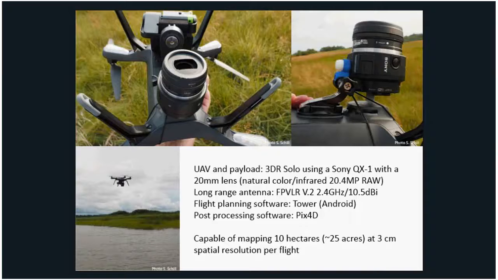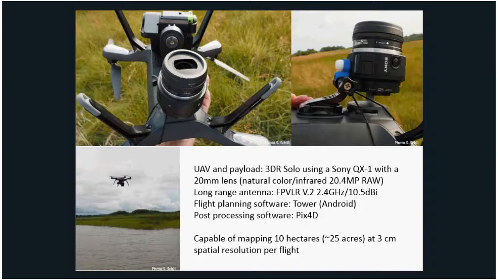About a year ago we switched over to the Sony QX1 cameras. This is a mirrorless, 20.4 megapixel camera. It shoots RAW, and you can actually have the camera converted. It weighs about half a pound, and we can put this on.